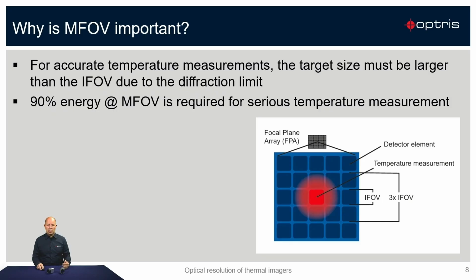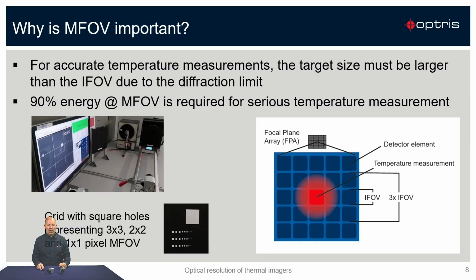And it's this detector element. We have different pixels, and one pixel size is here the instantaneous field of view, and then we have 3 times 3 pixel, which is our measurement field of view on the object surface.